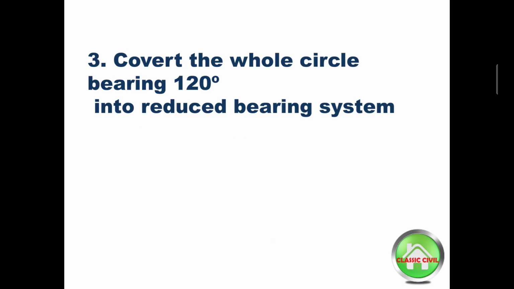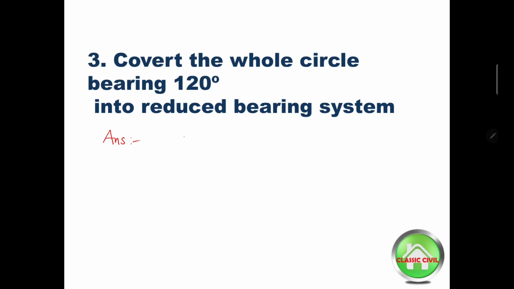Question number 3. Convert the whole circle bearing 120 degree into reduced bearing system. Here there are mainly two types of bearing system: whole circle bearing system and reduced bearing system.